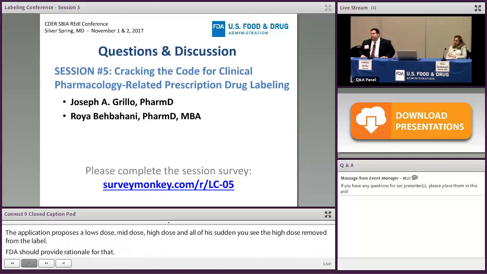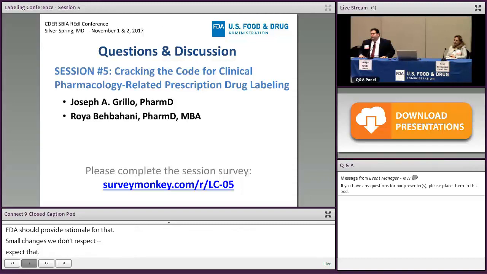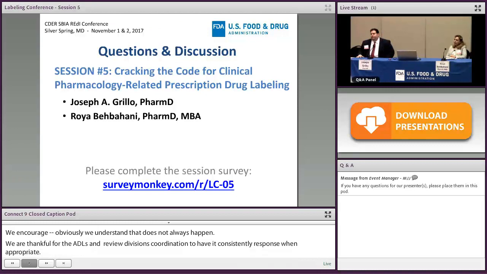That's in the desk reference guide. Obviously, we understand in practice that doesn't always happen. We are thankful for the ADLs, the Associate Directors for Labeling, and the 16 Prescription Drug Review Divisions in terms of coordination to have a consistent response when appropriate, how we implement our regulations, statutory requirements, and our final guidance recommendations. Thank you, and great presentations.